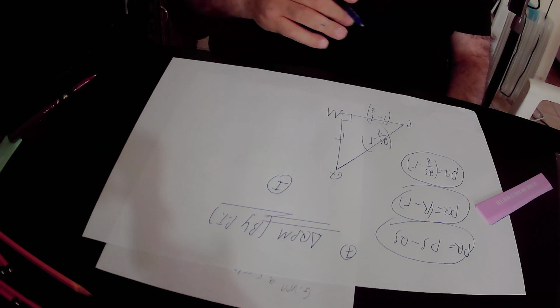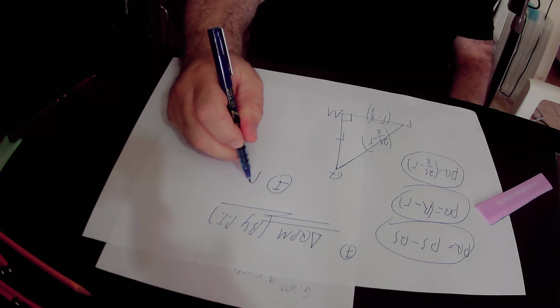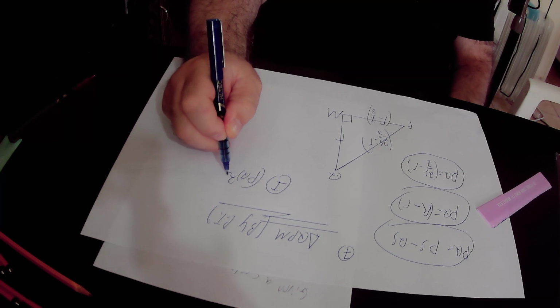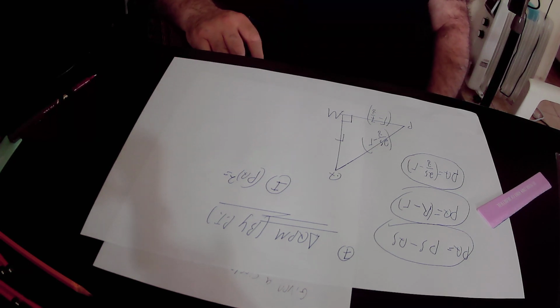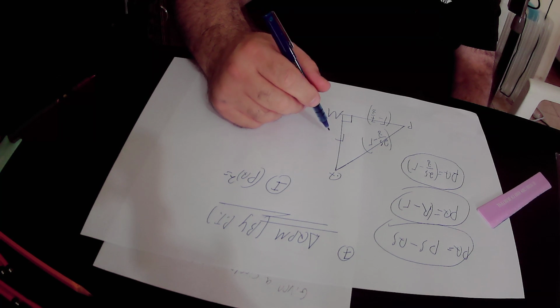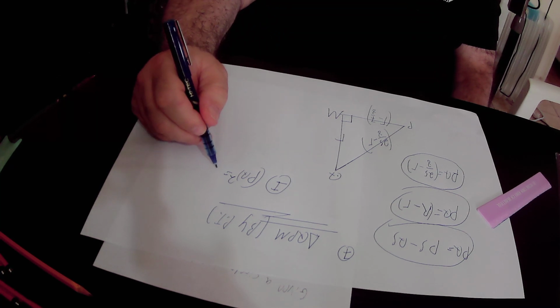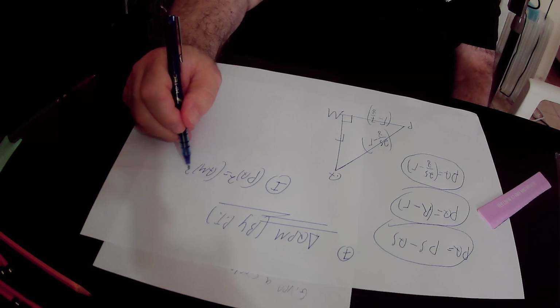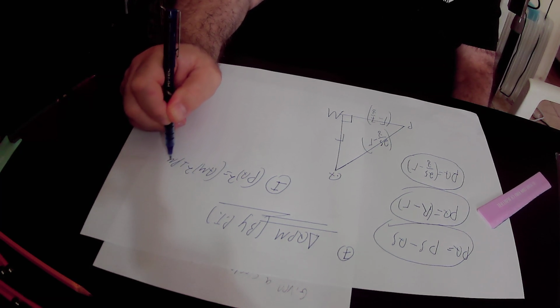Therefore, the square of the hypotenuse is PQ squared, and it is equal to the sum of the squares of the perpendiculars. That is to say, it is equal to QM squared plus PM squared.